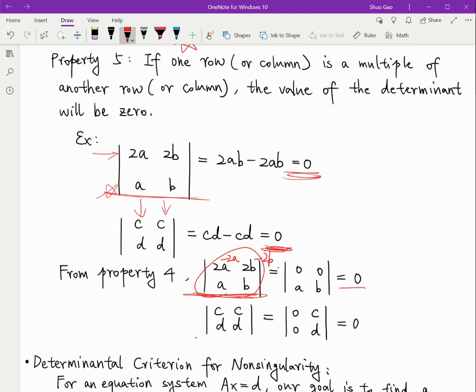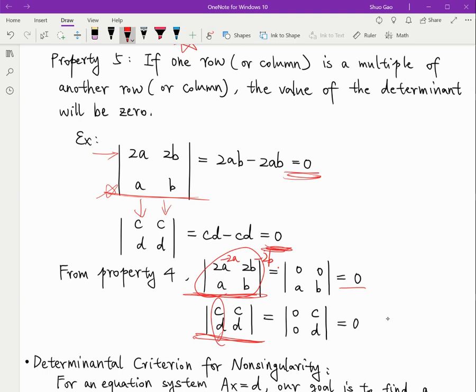And for the second one, because the two columns are exactly the same, we can simplify this determinant by subtracting the second column from the first column. So the first column becomes 0 and 0.